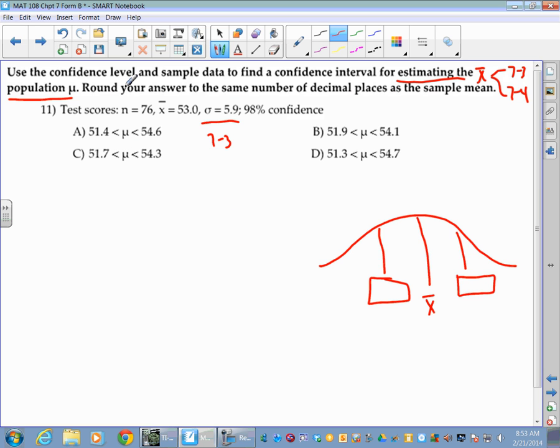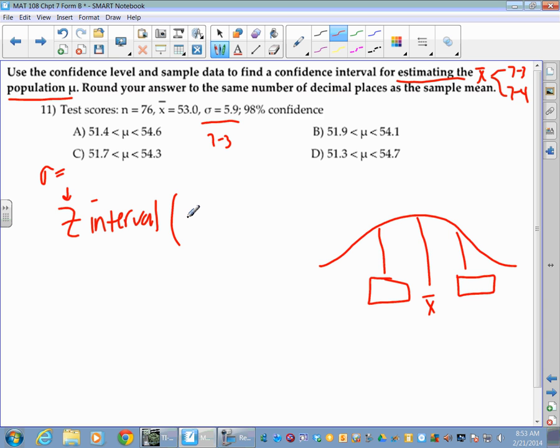Anytime you use the word interval, we're going to use the interval. And the reason we're using Z is because we know the standard deviation. If we didn't know the standard deviation, we'd use T interval. But we know Z interval, so there we go.